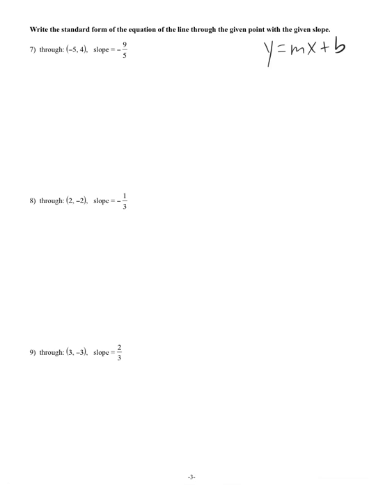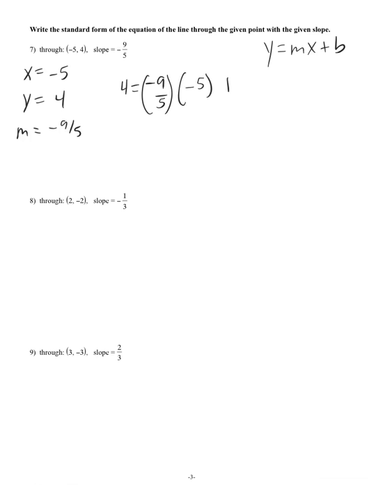So I'm going to do 7. In 7, I have x is -5, I have y is 4, and I know m is -9/5. Notice I do not know what b is. So I'm going to plug 4 in for the y, -9/5 is the m, x is -5.